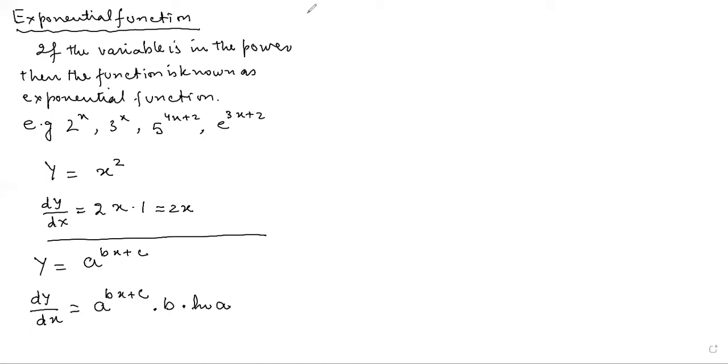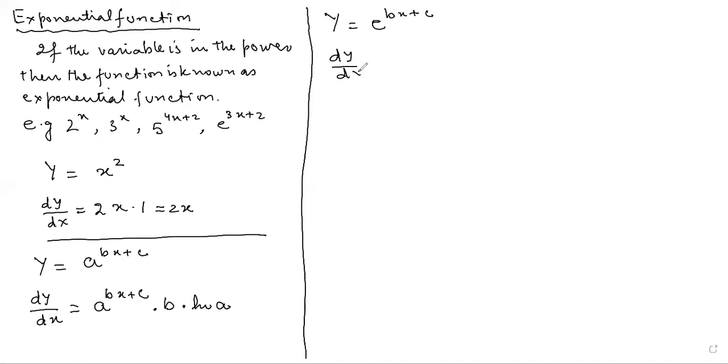In O levels, we will only deal with the power of e. That is, if the function is e raised to bx plus c, then dy by dx is equal to, you know that e is 2.72.